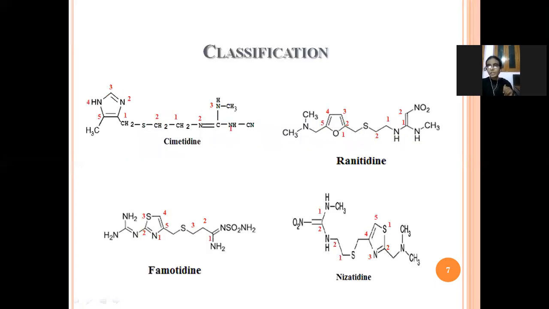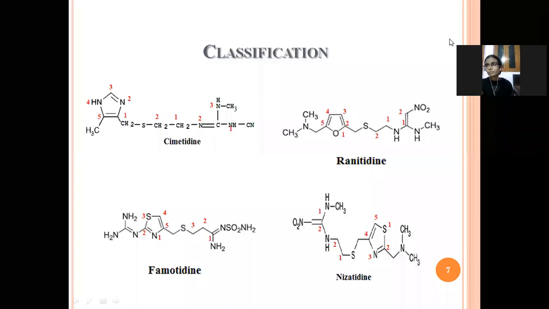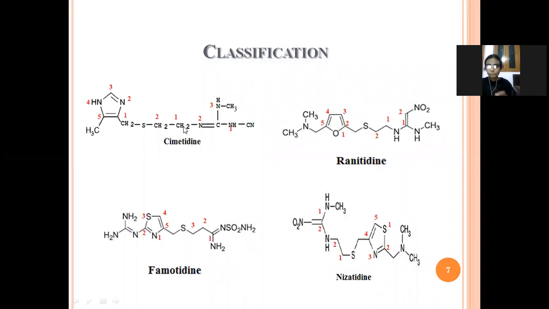So let's see the classification. The first drug name is cimetidine. If you see the structure, this is the imidazole, a 5-membered ring with 2 nitrogens.